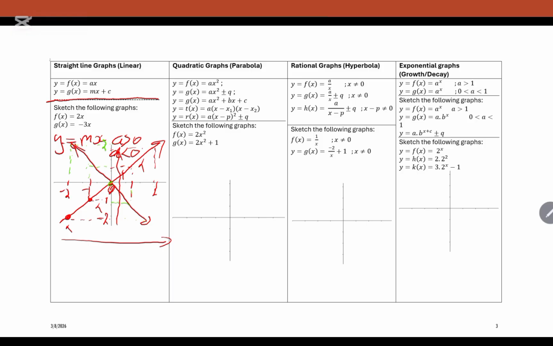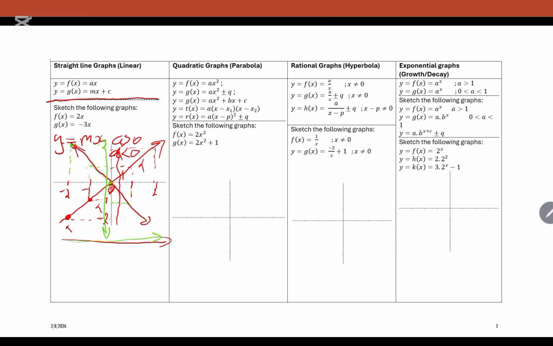So the values of x are increasing, going from left to right, but the values of y are dropping. The first value we had, when x was -2, was 2. When the value of x is -1, x has increased from -2 to -1, but the value of y dropped from 2 to 1.